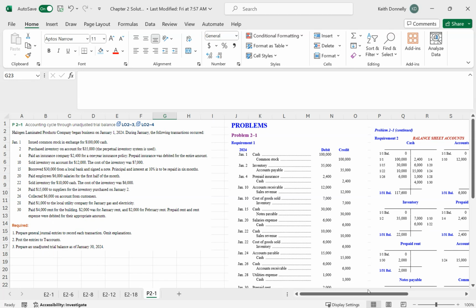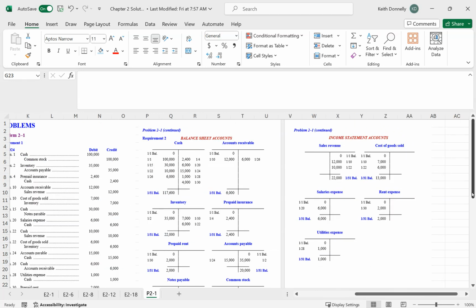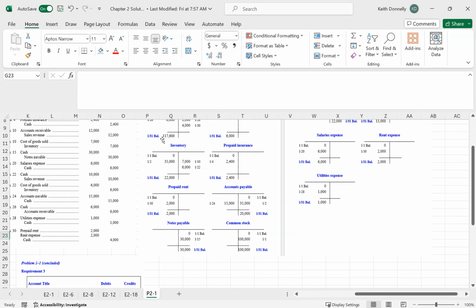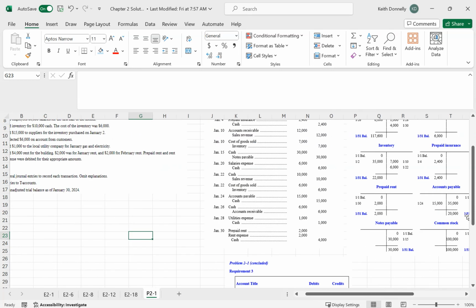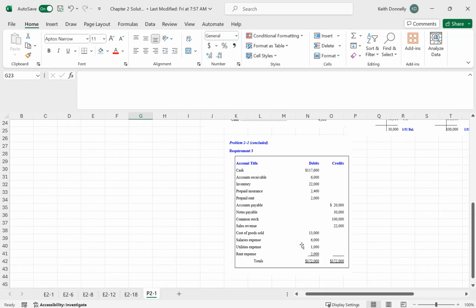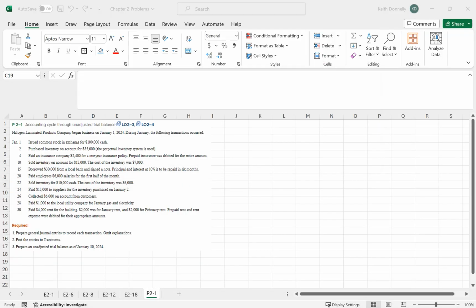Then they want you to do an unadjusted trial balance. So what you do is you take all of these ending balances from all those T accounts and you put them down there. So you can pause it and look at that if you really want to do it, but I don't want to make this video unbelievably long. So with that, we'll stop here.